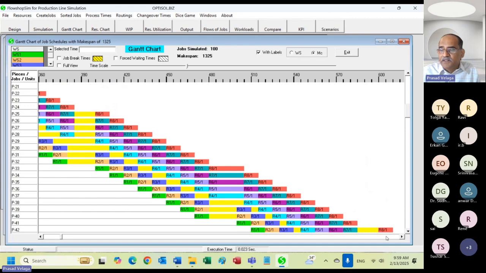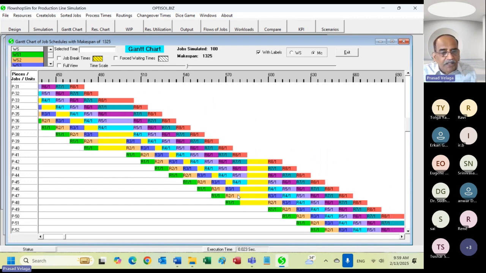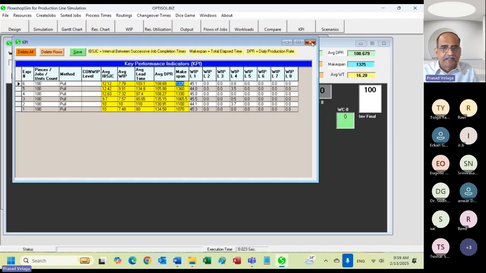So if you take 600, for example, from P47 onwards, the pieces do not wait at the fourth work center anymore. So it means for up to the first 20 minutes, if you assign that 85-15 calendar, then you could recover the loss of time.